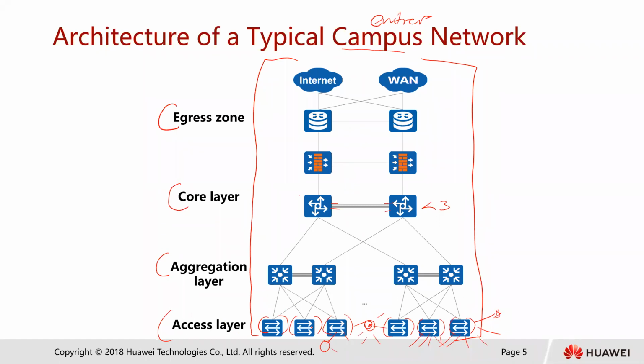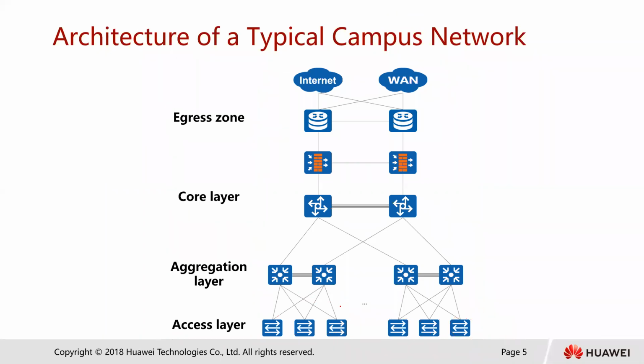So our traffic is all now converged to our aggregation layer, but as you can see, it is converged in a redundancy mode. Why it is done like that is to ensure that there is redundancy and reliability of our networks.